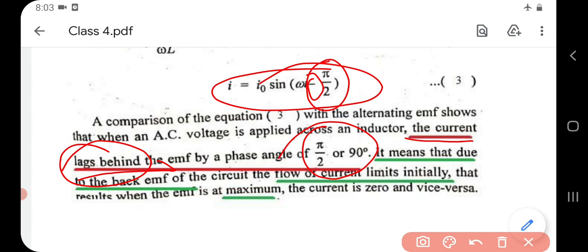Why do we say it lags? Because here you can see a minus sign. In another way, we can say that because of this back EMF, the flow of current is limited initially: when EMF is maximum, current is 0, and when EMF is 0, current is maximum. So just remember that in an AC circuit containing only inductance, current lags behind EMF by a phase angle of pi by 2, or 90 degrees.